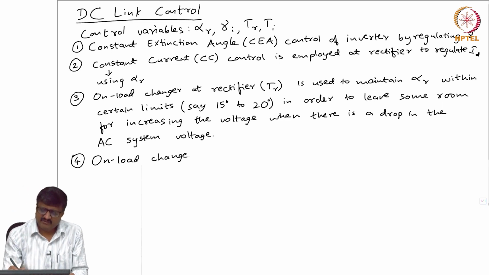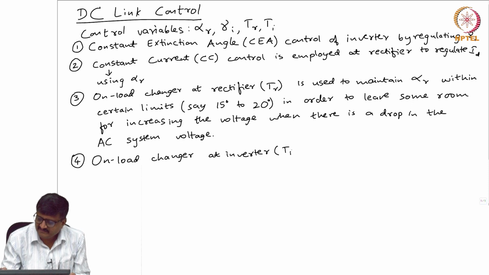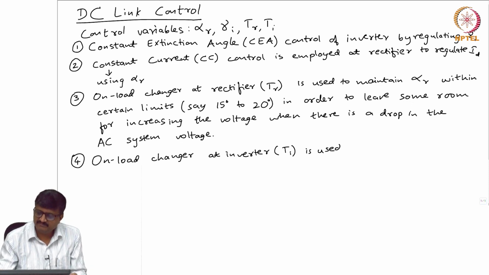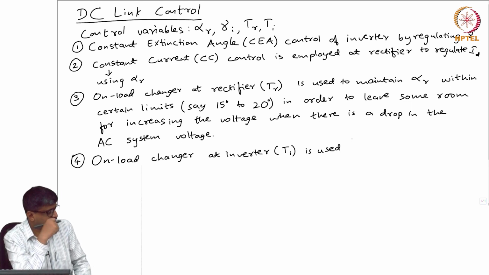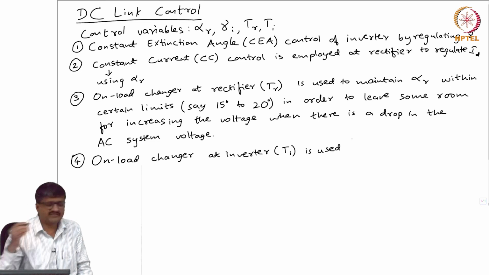Okay. Now, the on-load tap changer at inverter, that means the variable is Ti, is used for what? Is used to maintain the DC side voltage constant.